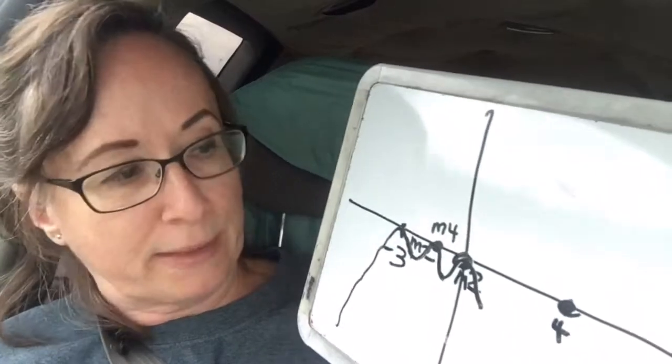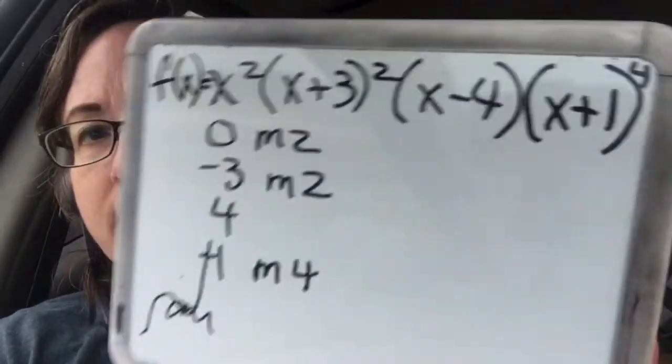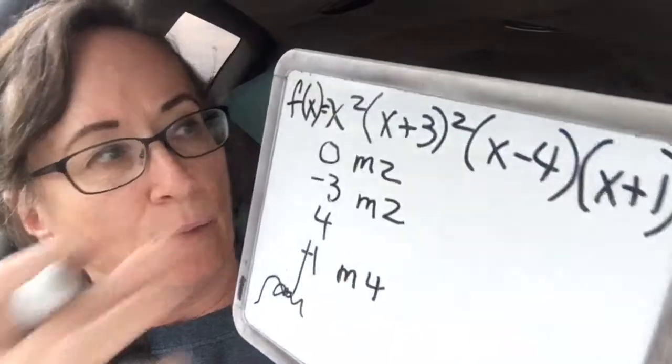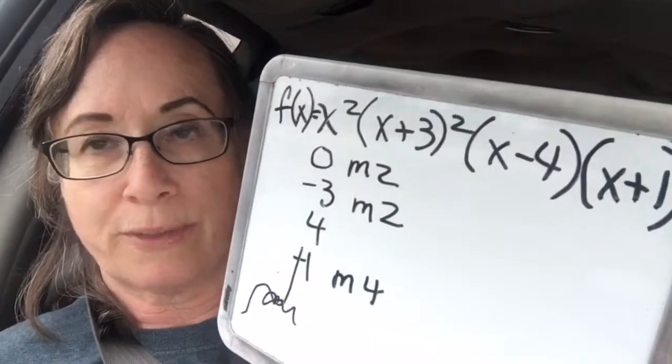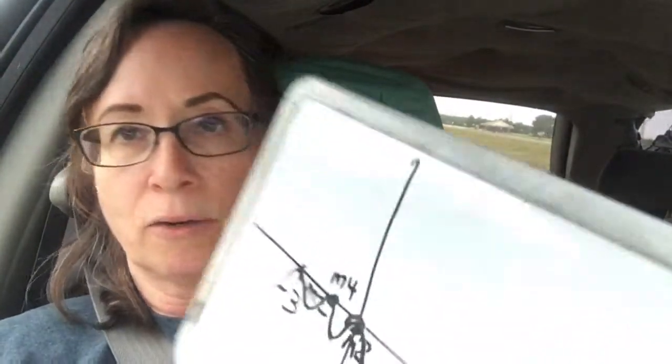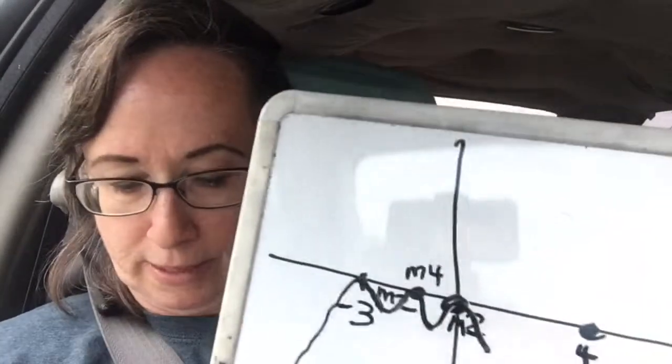Now, when we're looking at this, back to the original function, notice that when we let x be 0, our whole function is 0. So the y-intercept is 0. So that doesn't add points. We already have touched the 0 here.